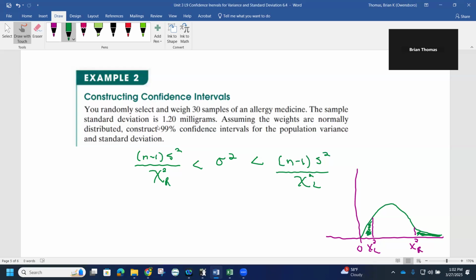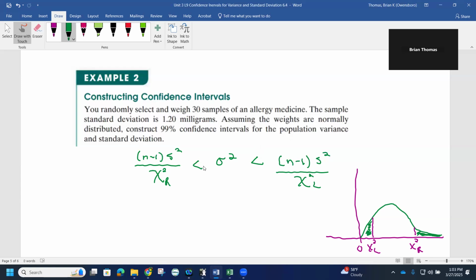Remember, standard deviation is how far we vary from the mean, but they don't give us the mean at this point. So we have 30 samples and we know that the standard deviation is 1.2. Assuming that the weights are normally distributed, construct a 99% confidence interval for the population variance and the standard deviation.